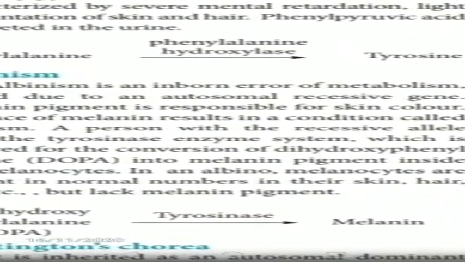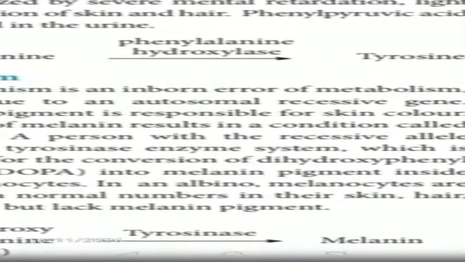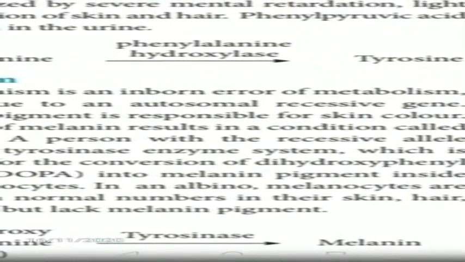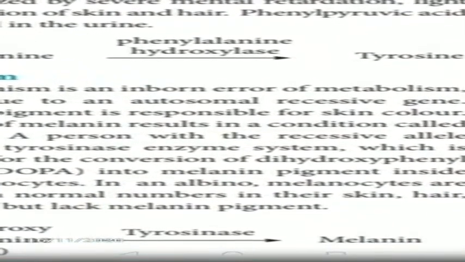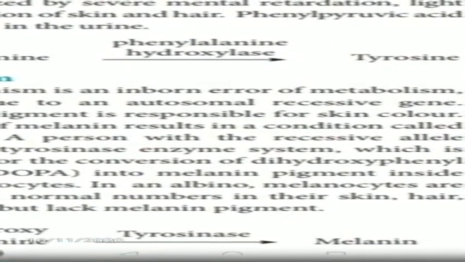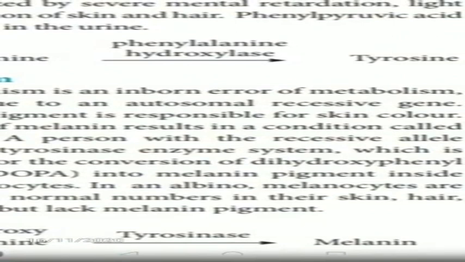In the equation, phenylalanine is converted into tyrosine in the presence of the enzyme phenylalanine hydroxylase. So this is what we call phenylketonuria.